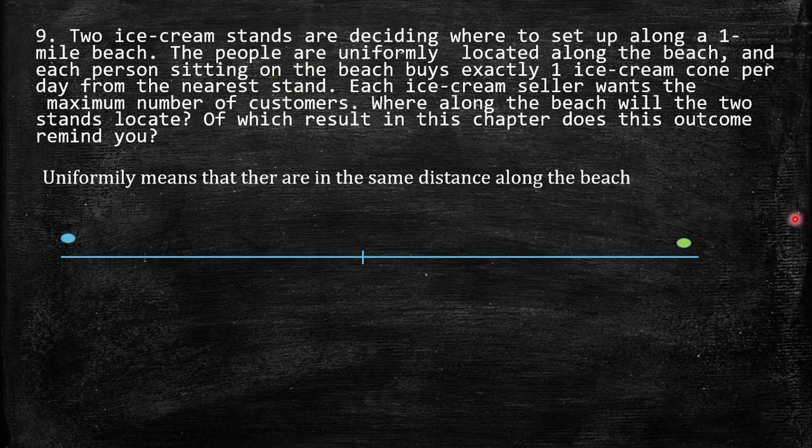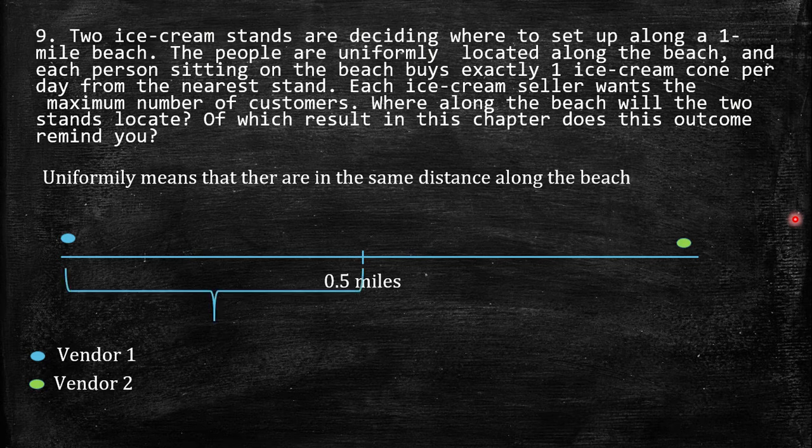Then here we have the two stands: vendor 1 and vendor 2. Let's start with the situation where vendor 1 is at mile 0 and vendor 2 is at the other end. Then we have 0.5 miles, which is the middle point. Naturally, the first vendor will get all the people that belong to the first half, and the other half will be taken by vendor 2.